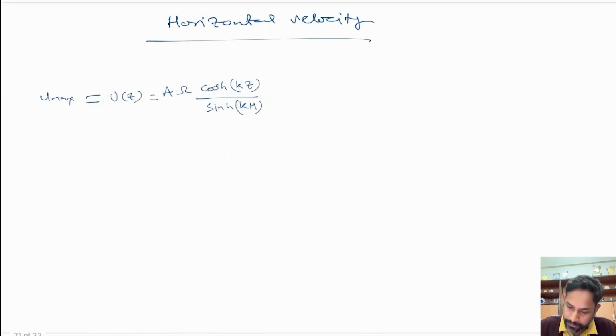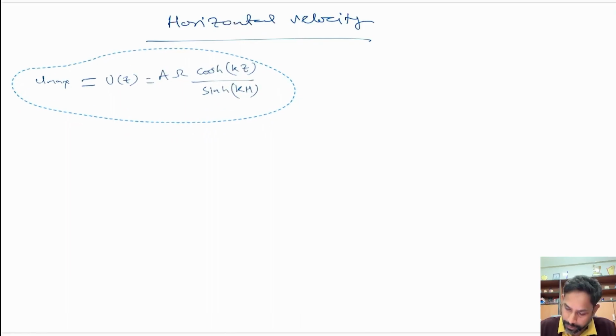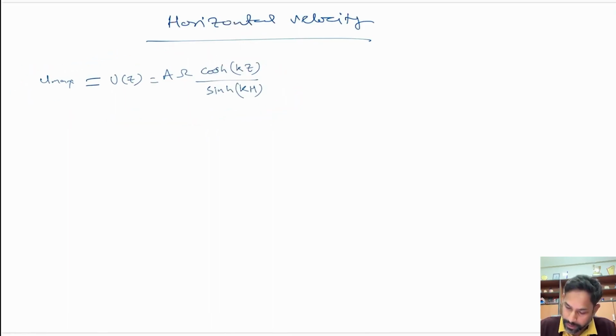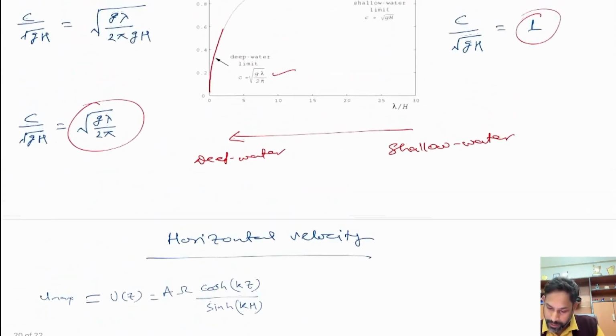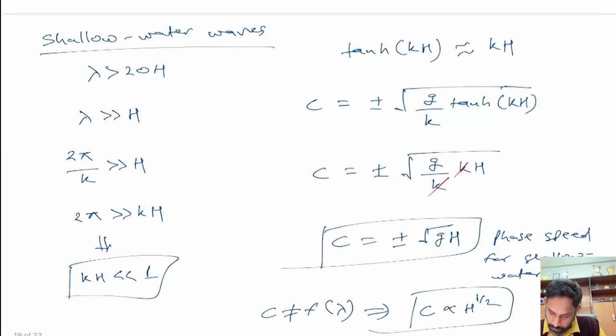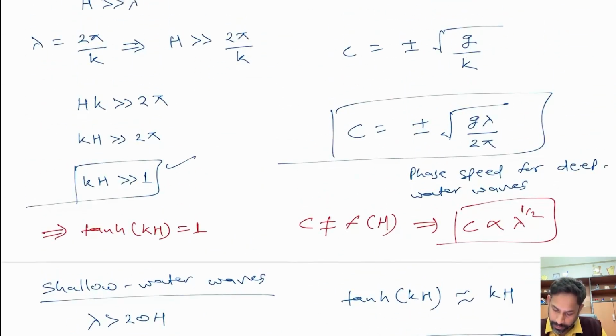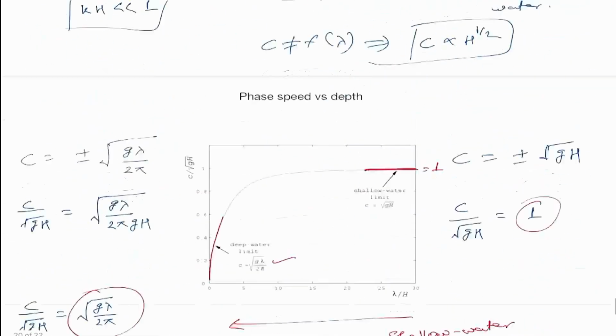So here again we are trying to do it for shallow water and deep water. So in case of deep water waves, we already have seen that KH is much greater than 1, sorry.